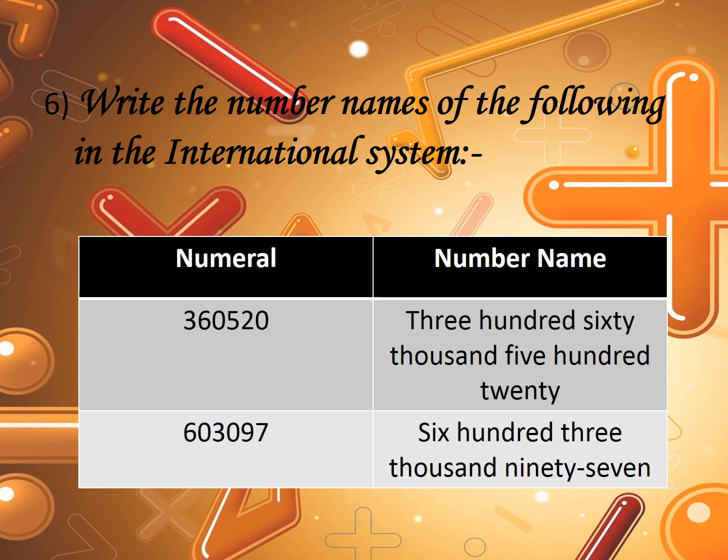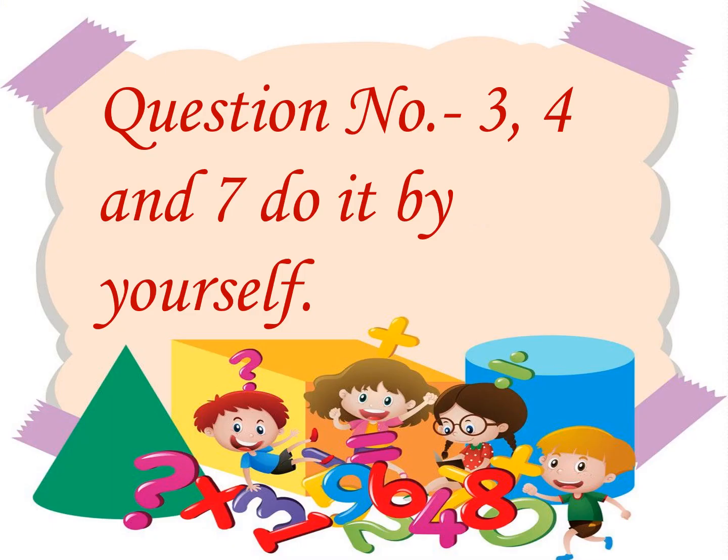In words, how will we write the numeral? 360,520. Next one is 603097. In words, 603,097. Question number 3, 4 and 7, do it by yourself.